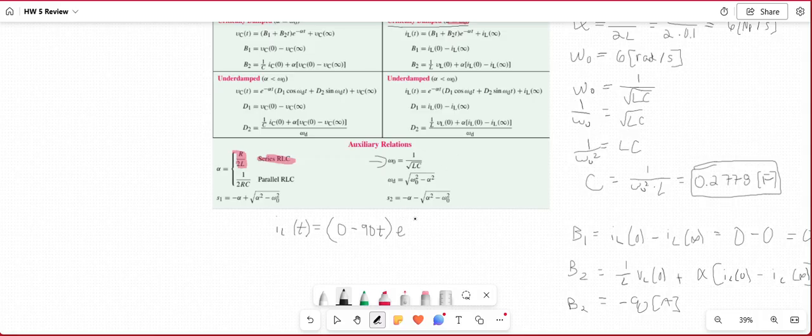Alpha was 6, so -6t, plus IL infinity. Remember, IL infinity we found was 0. So IL of t equals -90t e to the -6t amps. And that's our answer for this question.